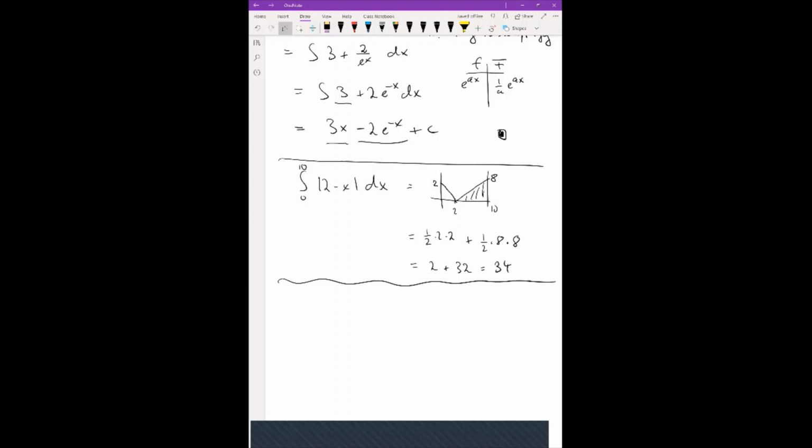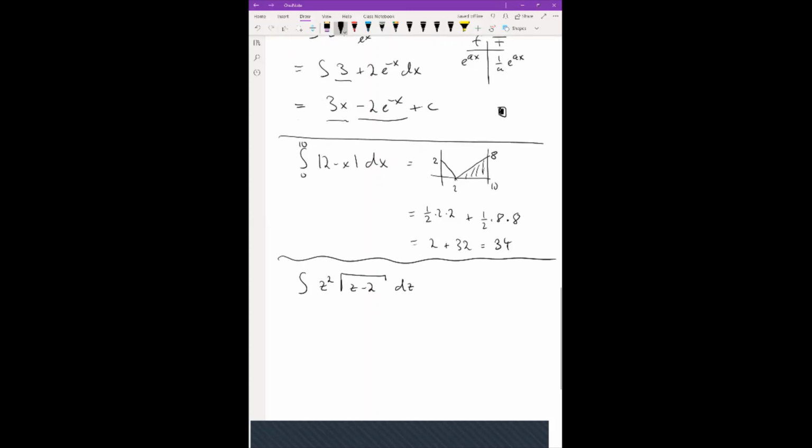Okay, now finally again, a u substitution, the antiderivative of c squared times the square root of c minus 2 dc. And if you write this again in power notation, it's the antiderivative of c squared times c minus 2 to the 1/2 dc.